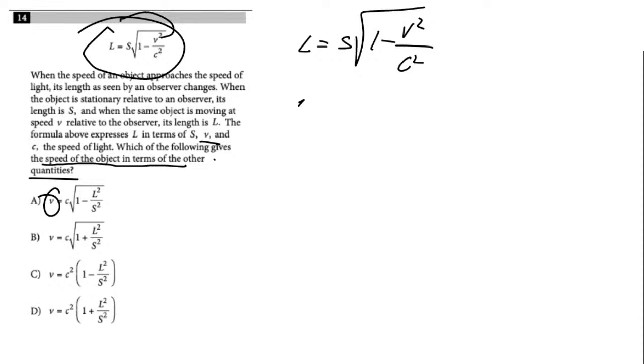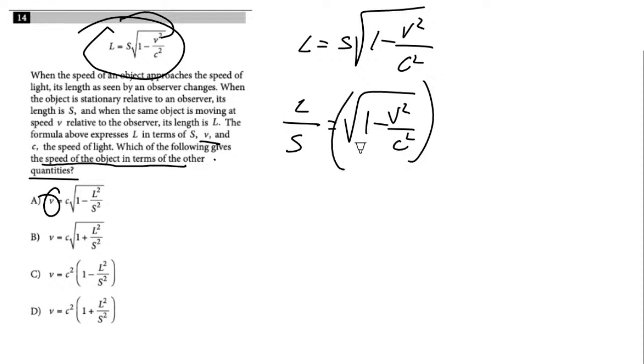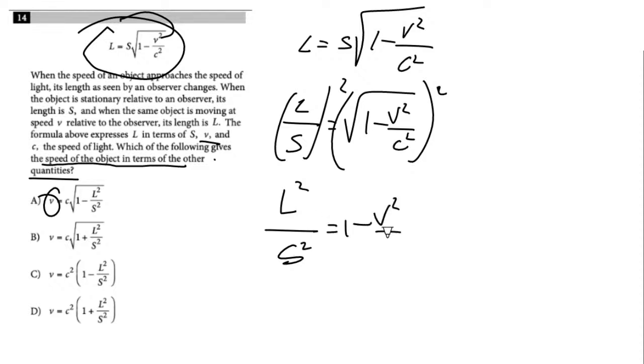So I get L divided by s equals the square root of 1 minus v squared divided by c squared. Then I have a square root here, so I square both sides. So I get L squared divided by s squared equals 1 minus v squared divided by c squared.